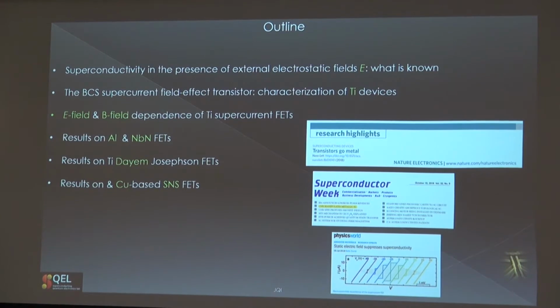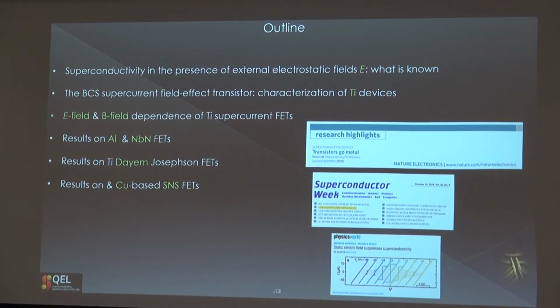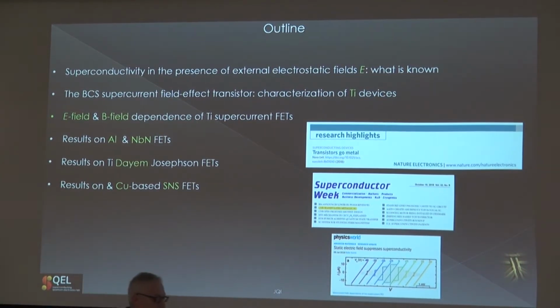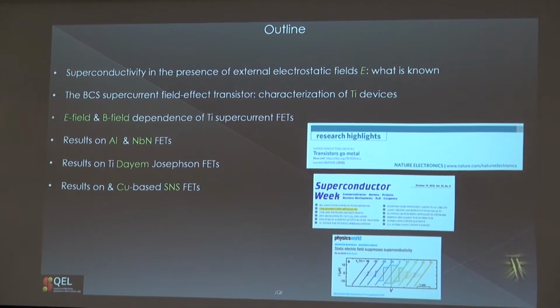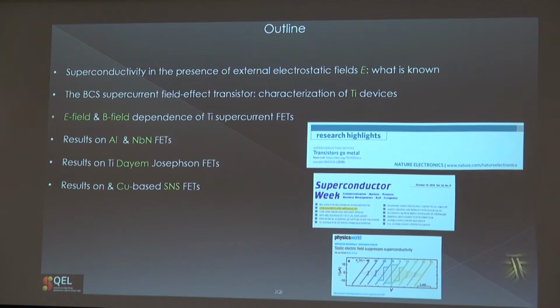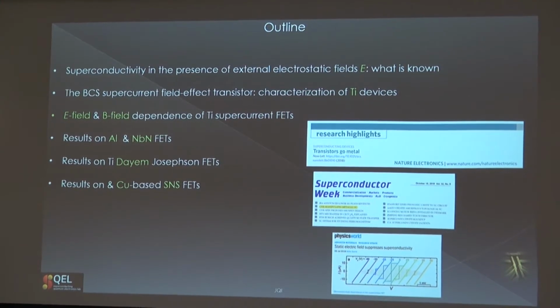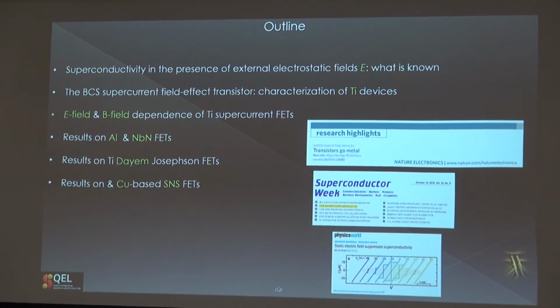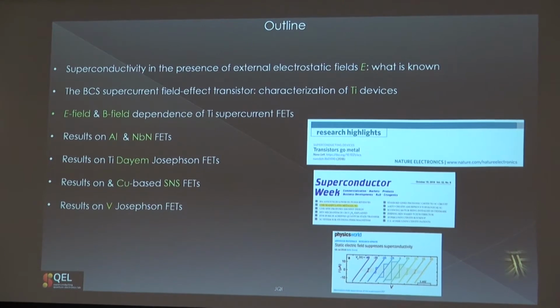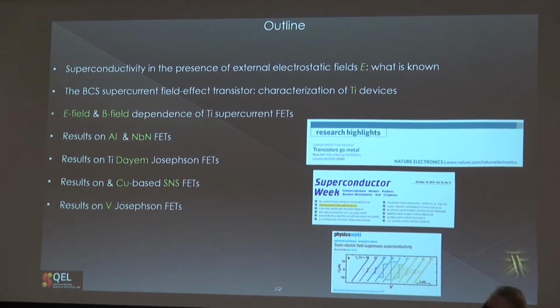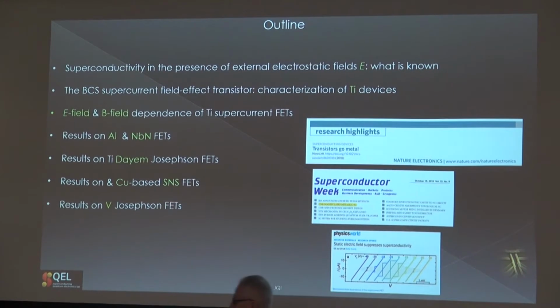Around the end, I will show that this effect seems to be completely universal in the sense that it does exist as well in proximity metals. Okay, so metals that have acquired superconducting properties thanks to intimate contact with a metallic superconductor, okay? And at the end, I will show the very last result on vanadium-based Josephson field effect transistors.